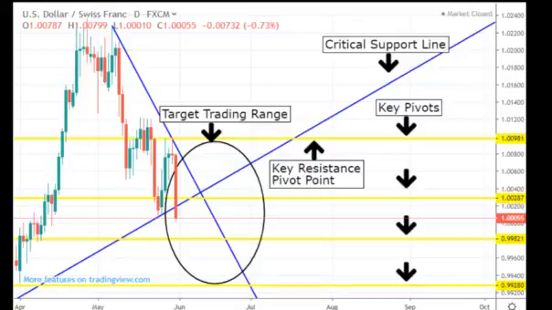I would think that a move like this is going to sustain more of a support testing mode over the next few sessions. Look at that ellipse, that's pretty much the target trading range we're looking to happen over the next week and a half or so.